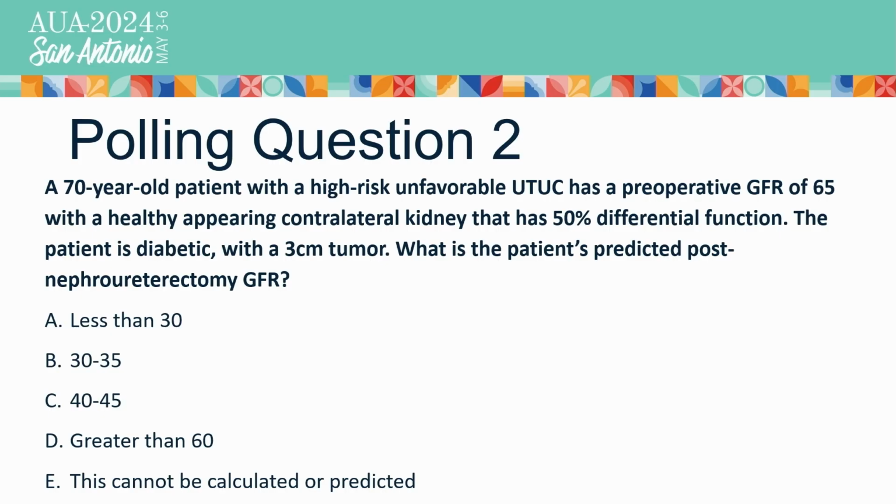Question number 2. A 70-year-old patient with high-risk, unfavorable UTUC has a preoperative GFR of 65 with a healthy-appearing contralateral kidney that has 50% differential function. The patient is diabetic with a 3-centimeter tumor. What is the patient's predicted post-nephroureterectomy GFR? A, less than 30. B, 30 to 35. C, 40 to 45. D, greater than 60.